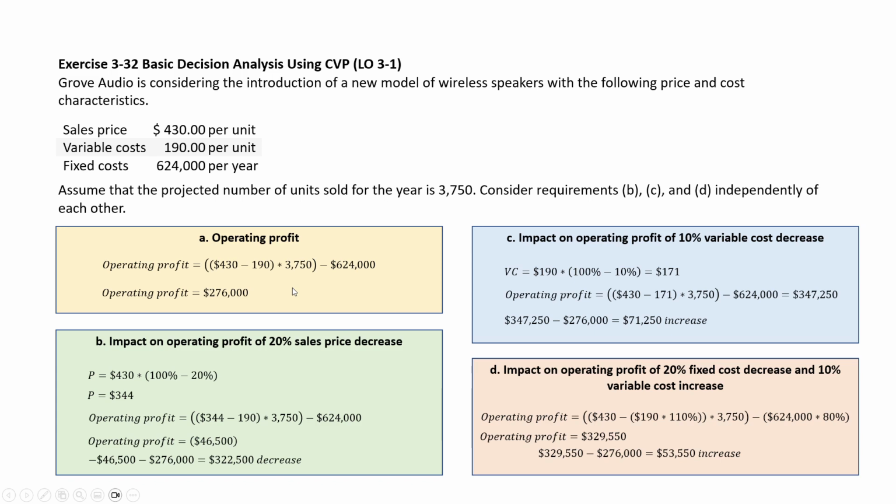Subtracting the original operating profit of 276,000 means in this scenario we had enough savings from our fixed costs to compensate for our increase in variable costs that our operating profit would increase by $53,550.